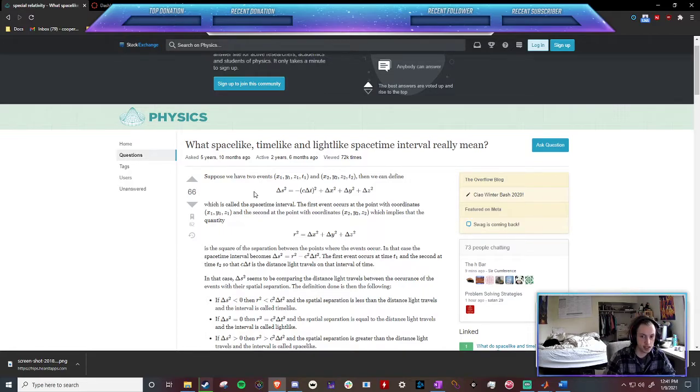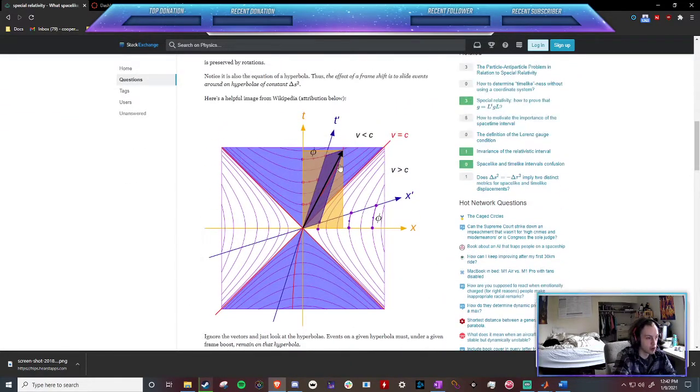When there's a minus sign, though, it is invariant, and special relativity goes nuts. We get all this hyperbolic geometry. It's pretty cute. I like it. It's cool.